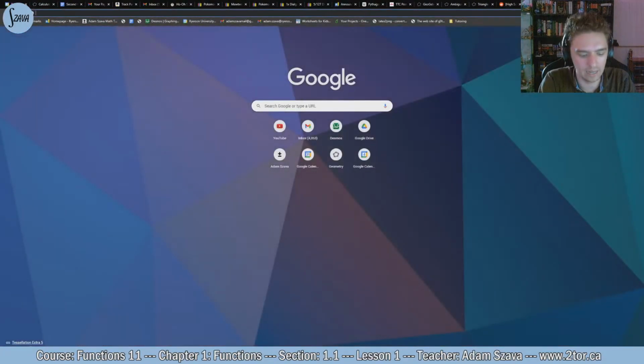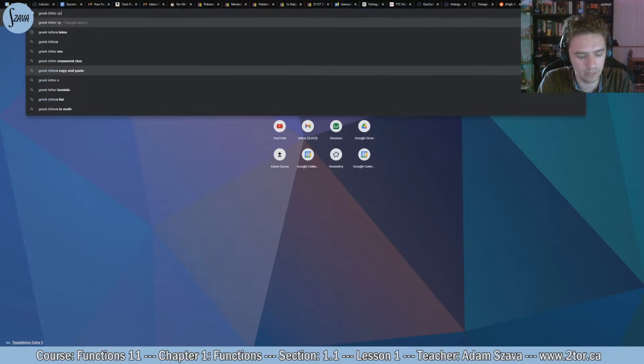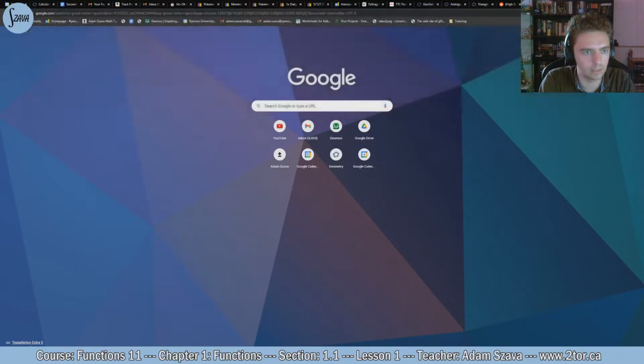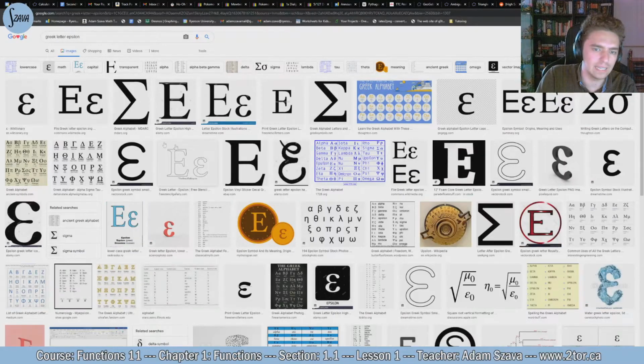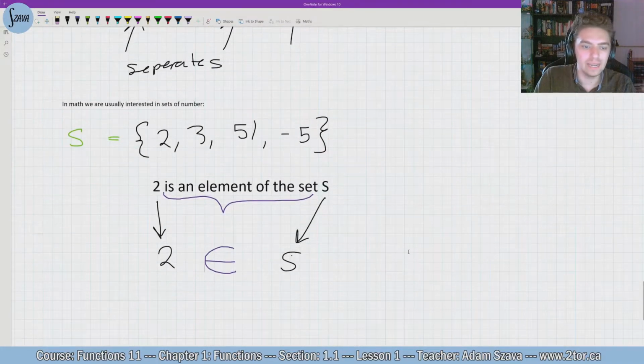Now epsilon is slightly different, so that's an E like that. Epsilon like that means something in physics, so we don't really use that. But it is essentially a skewed epsilon, and it means "is an element of the set S."